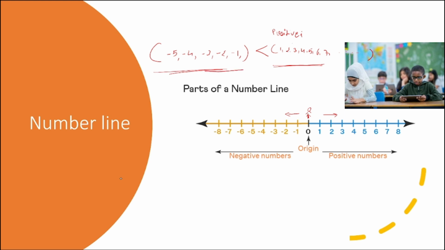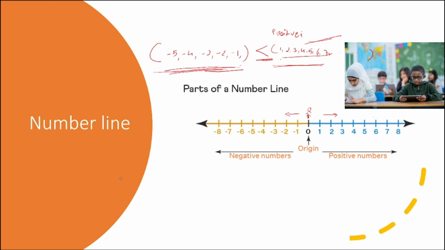Whenever you come to the questions, take them seriously and pay attention to the concept that I teach you, that all positive numbers are greater than all negative numbers.